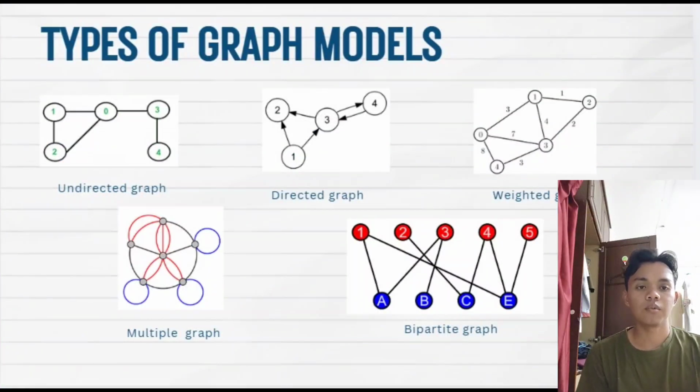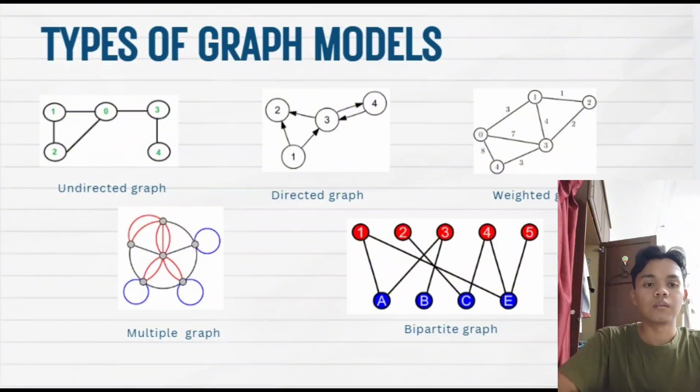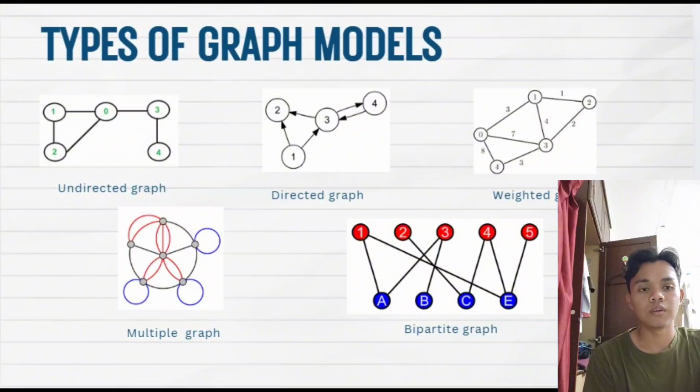There are several types of graph models. First is the undirected graph, or the simple graph, with no arrow and direction in the edges. Next, we have the directed graph, which has an arrow at the edge to represent the direction.